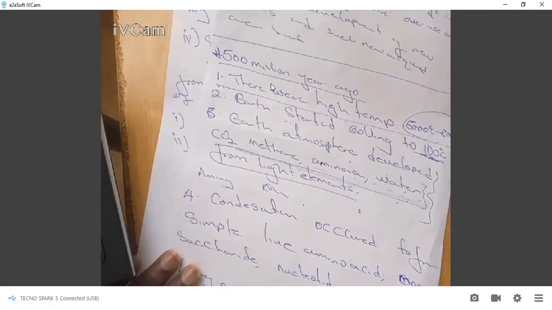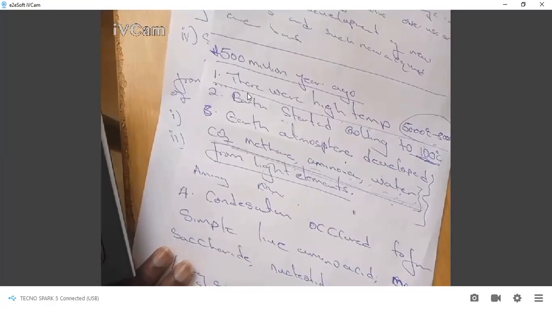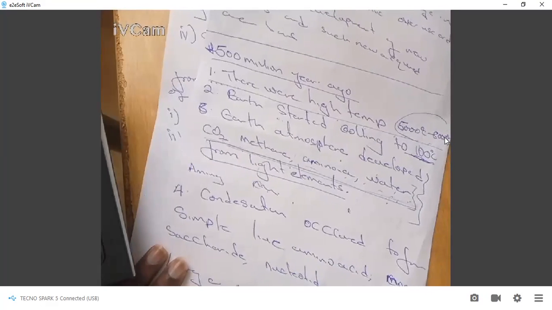They believed that 500 million years ago, the Earth's atmosphere had nothing there. It had simple individual elements like carbon, hydrogen, alone. The Earth's temperature in those years was between 5,000 to 8,000 degrees Celsius.